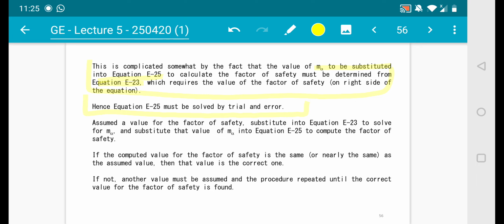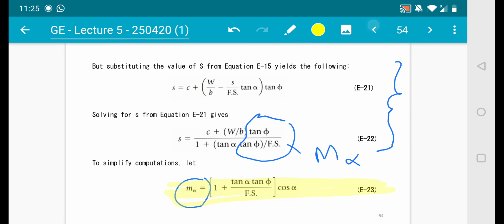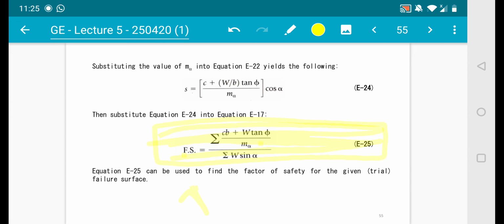Then I take the 1, substitute into equation E23 to solve for m, and substitute the value of m into equation E25 to compute the factor of safety. What I did is assume Fs in equation E23 equals 1, calculate m, and then replace that m into E25.